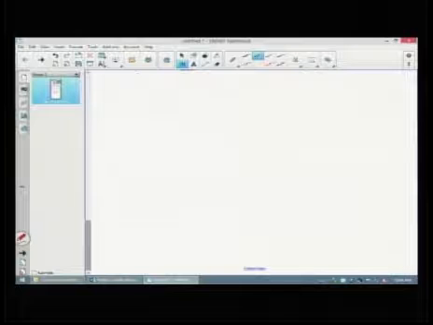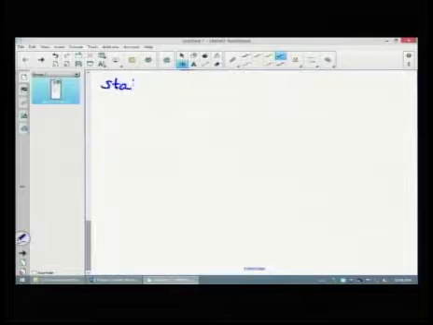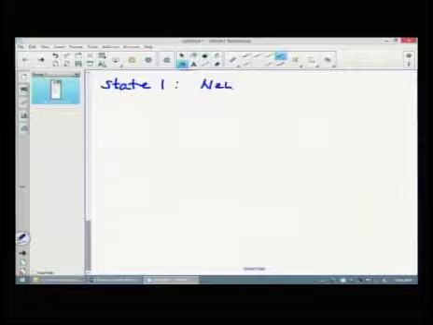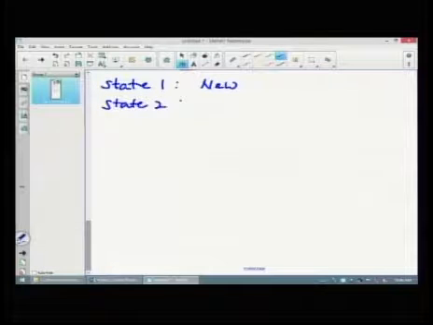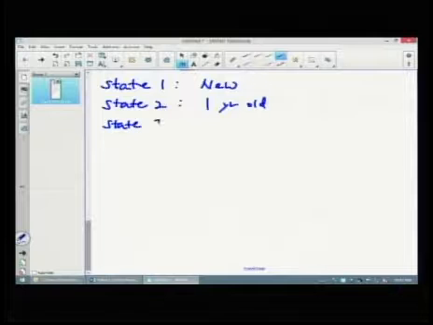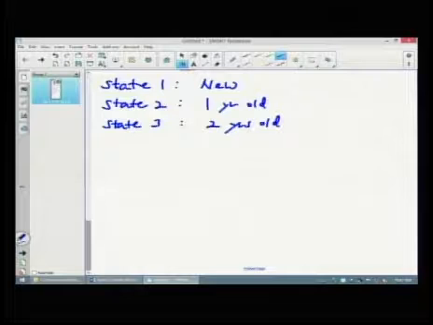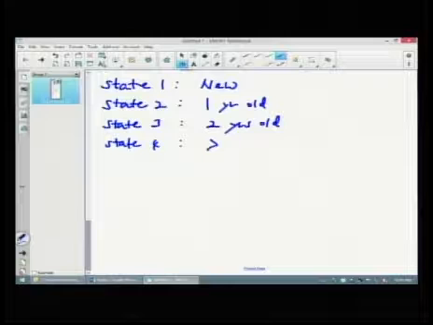So here, our state number 1 is just a new refrigerator, okay? And then state number 2 is 1 year old as before. State number 3 is 2 years old. State number 4 will be older than 2 years old.